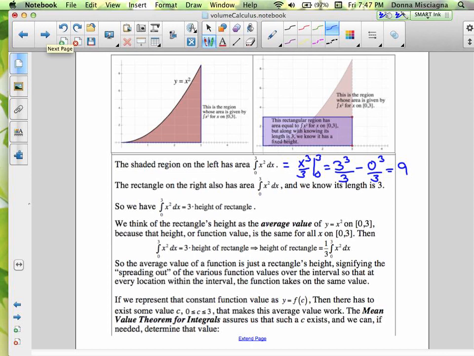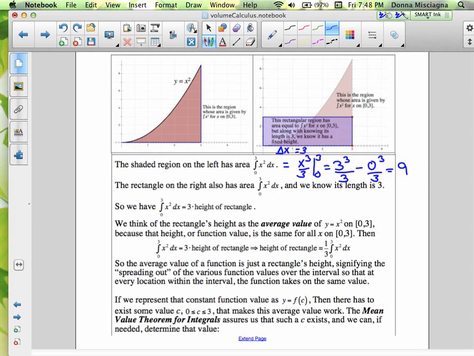Our rectangle here also represents a total area of 9. We can see that this distance here, even though the scale is not quite the same, along the x the change in x is 3.